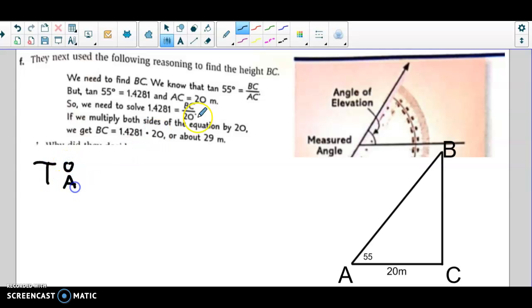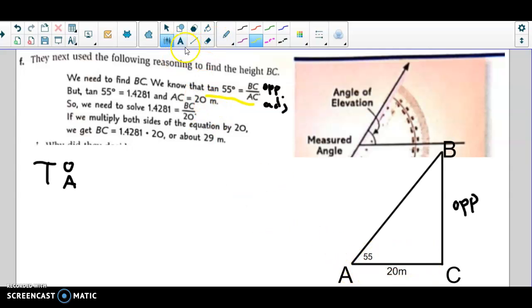Tangent is the opposite over the adjacent. So tangent is whatever this side is over the adjacent side. He wrote a sentence and said, look at my handy dandy sentence. Tangent 55 is BC over AC. But I know what AC is. I know AC is 20 meters because he measured that he's 20 meters away from the tower.